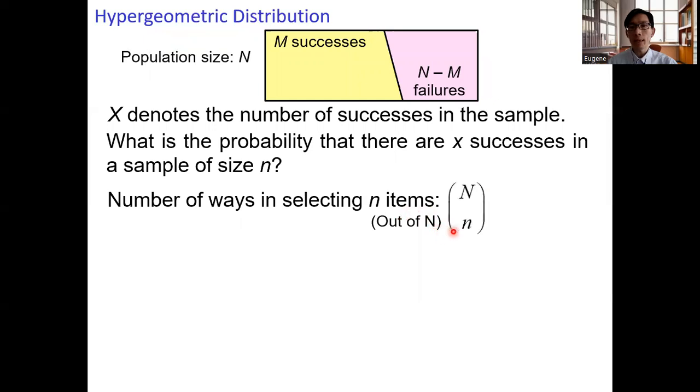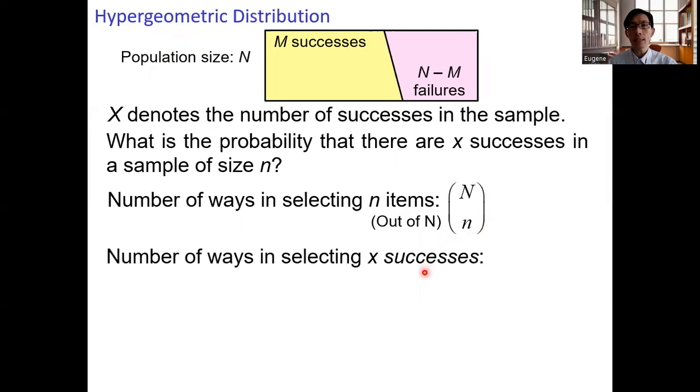The number of ways is big N choose small n. And then the number of ways of selecting x successes. There are M successes in the population, and we want to get x in the sample.